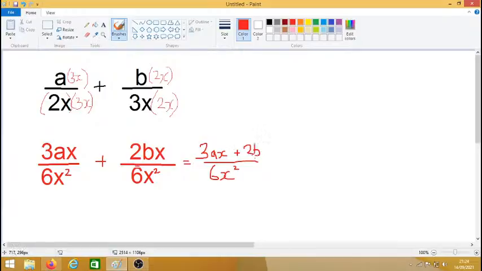So it looks like there's an x on both terms on the top, and we've got an x on the bottom. That's not a surprise, so we can take off an x from everything, and that's your final answer, 3a plus 2b at the top over 6x.